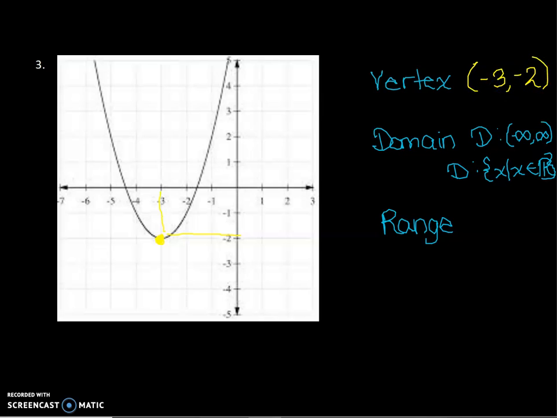And for the y values being used, which is what the range represents, I'm going to start here. The parabola is not being used yet. The y values begin where y is -2, and that's included in the graph, so I put it in brackets. And it keeps going all the way up.